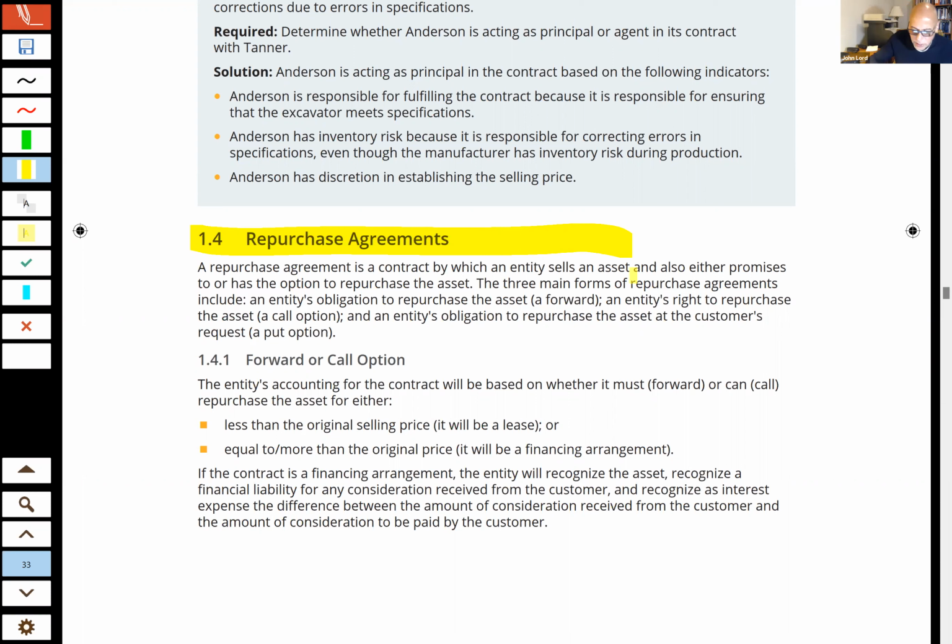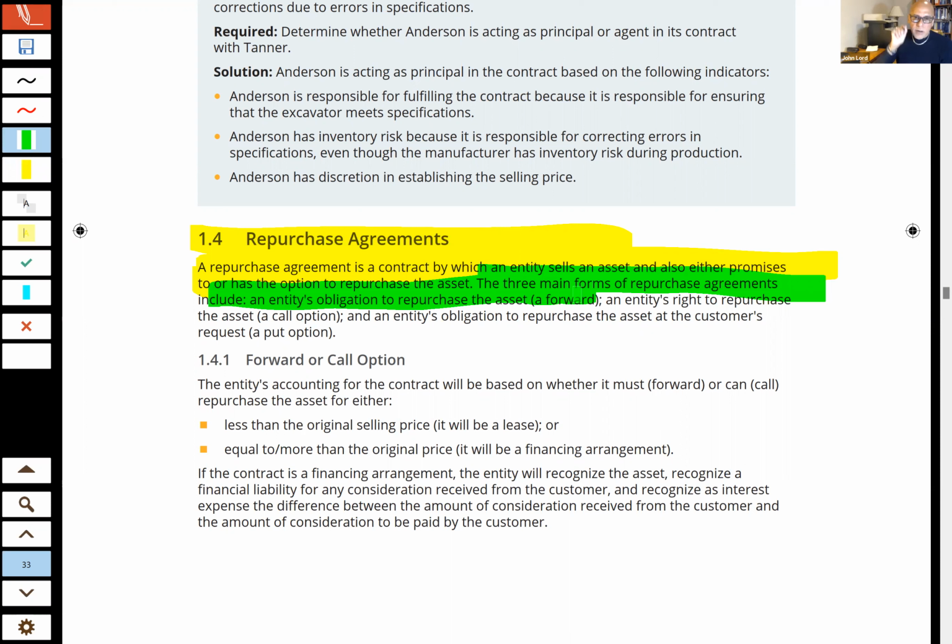A repurchase agreement is a contract by which an entity sells an asset and also promises or has the option to repurchase the asset. The three main forms of repurchase agreements include an entity's obligation to repurchase the asset, which is seen as a forward. In other words, the buyer can force the seller to rebuy that. Obligation means it's a forward.